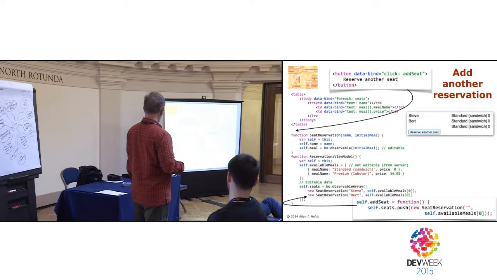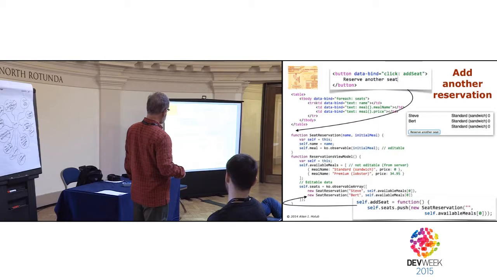So what I'm doing now is creating another row in this table, effectively. And I'm doing it by calling a method, right? And the method is add seat, which is, where do we go? Oh, it's down. Right, so I have to add an add seat function, which is going to modify stuff.